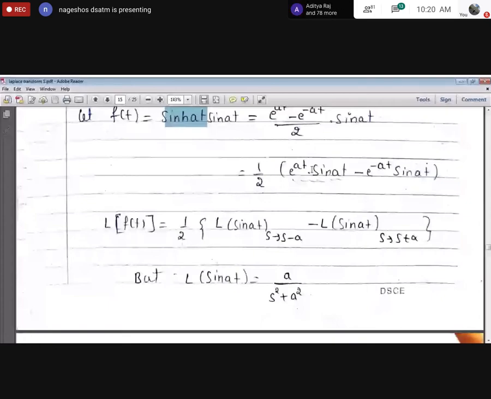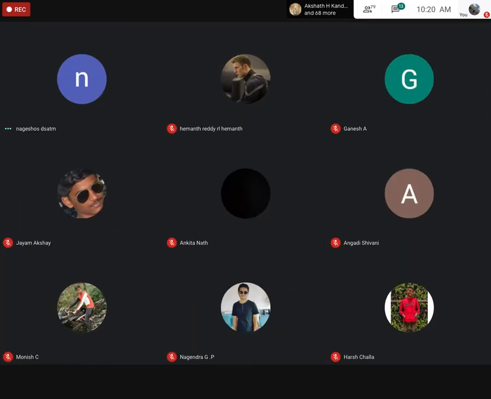Here a by s minus a whole square plus a square, and here a by s plus a whole square plus a square. Okay, here I have written. Next, expand this. s minus a whole square is s square plus a square minus 2as, because of the a minus b whole square formula.